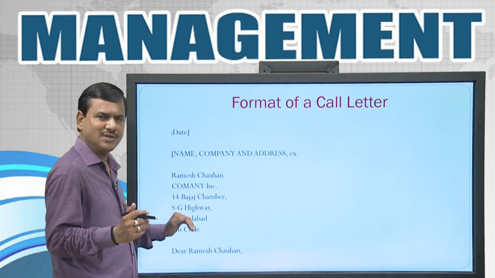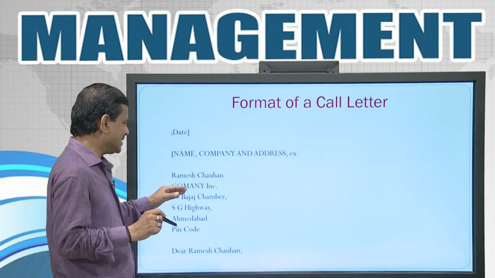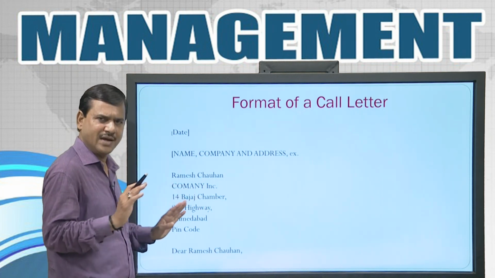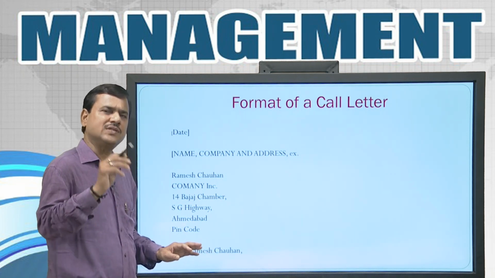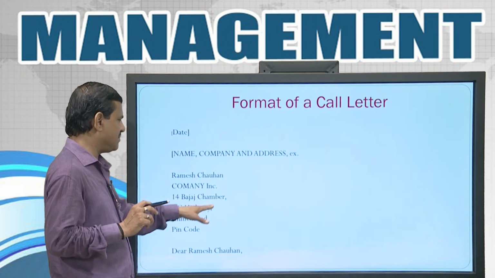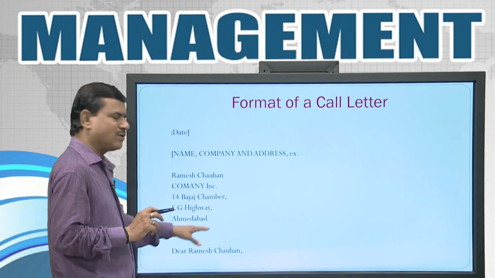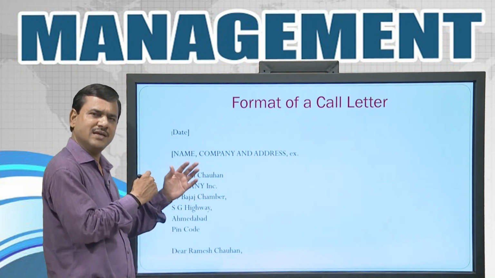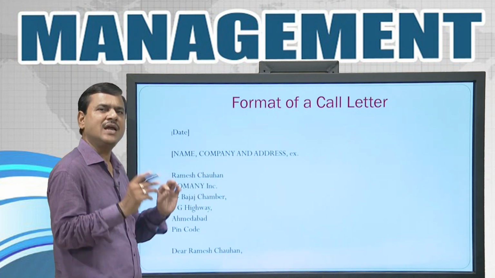This is the person who is receiving your letter. What is his address? Name of any company if he is working. If he is not working, the name of the company is not required. Then address: 14 Bajaj Chamber, SG Highway, Ahmedabad, pin code of Ahmedabad, the area where Mr. Ramesh Chauhan has been staying.